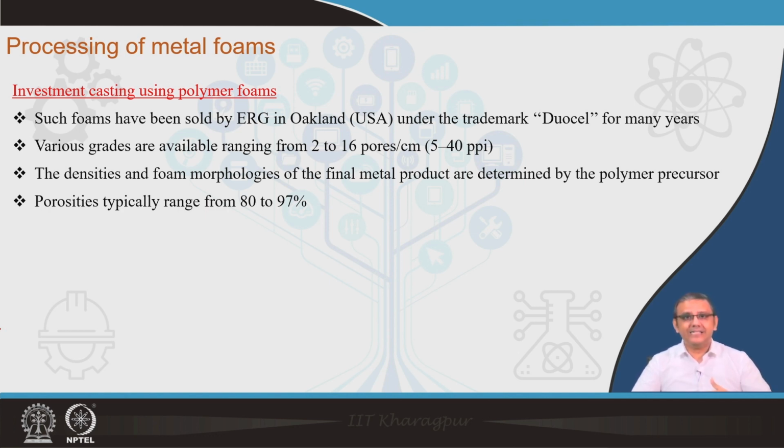That again takes us to the sacrificial pore forming process. That means, we have to choose based on the amount of porosity. If we need a foam with a low amount of porosity, around 40-50%, then we should go for the sacrificial pore formers, and if we want foams with a high amount of porosity, more than 80%, where the sacrificial pore formers have very low strength, we should go for this process of using a replica template.